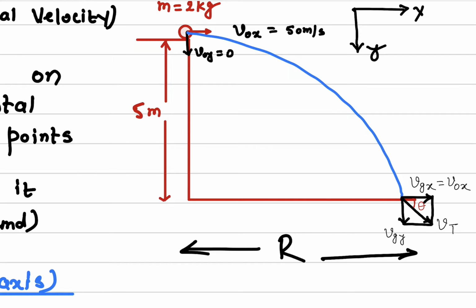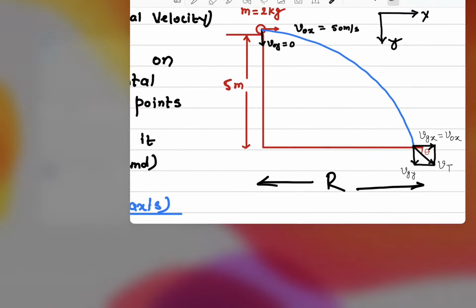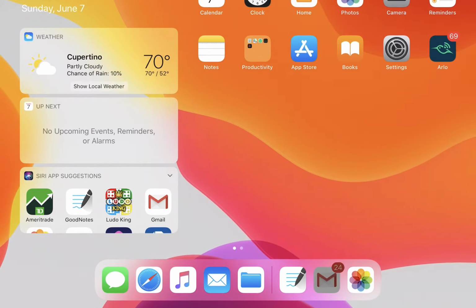We already calculated the time it takes for the projectile to reach the ground. So we know the time and we now know the velocity along the x-axis. From that, we should be able to calculate the horizontal distance. Let's do that.